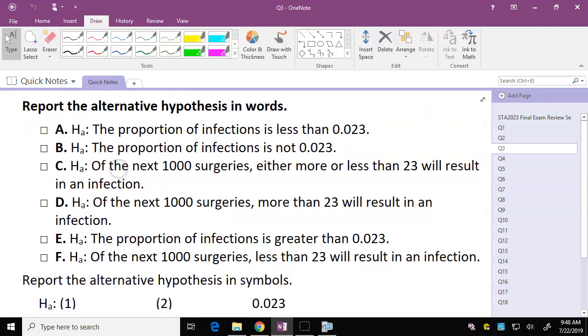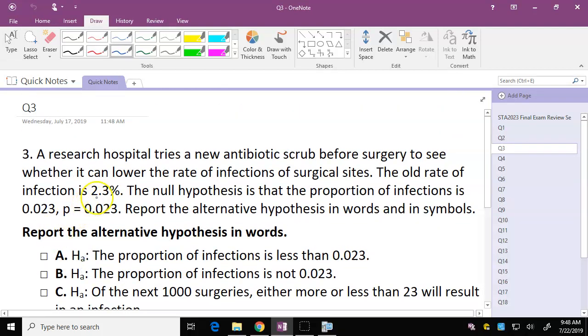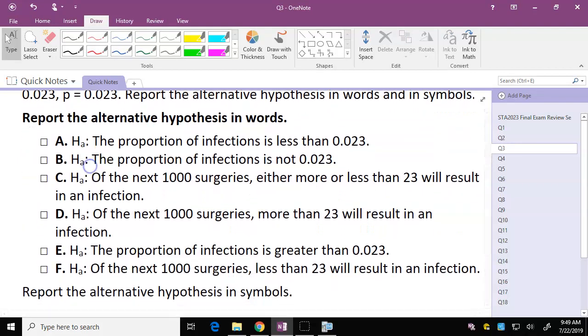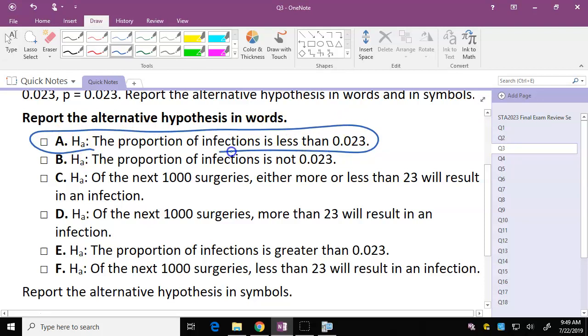Okay. So we've got 6 choices for the alternative hypothesis. It's definitely A, because the key up here says that we want to lower the rate of infections. So we need something down here that says that we are going to lower the rate, and that's this guy. We want to be less than. And the rest of them just don't make any sense according to what's going on.